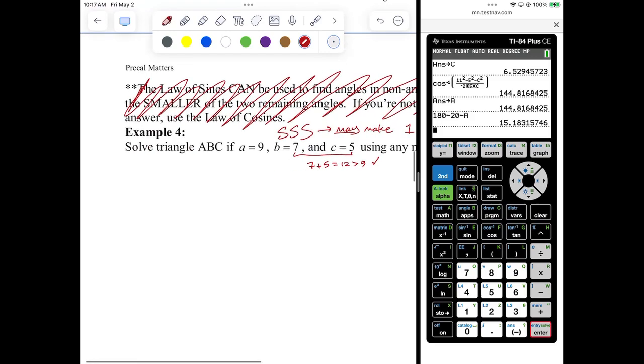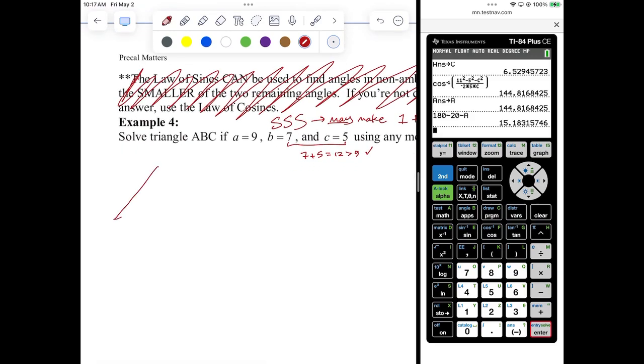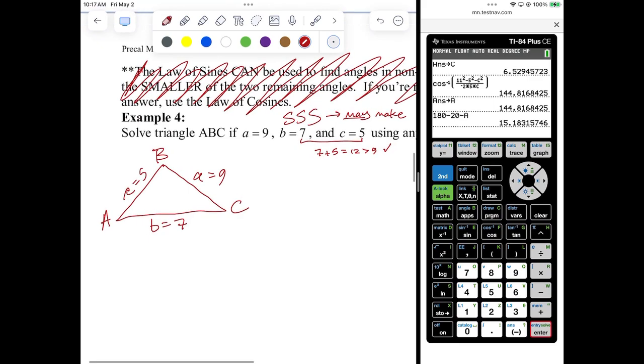All right, now that I know it makes a triangle, let's go ahead and just draw a generic triangle. Here's A, here's B, here's C, here's little a, which is 9, here's little b, which is 7, here's little c, which is 5. So again, it doesn't matter where you draw the A, B, and C. The only time it's important that you draw it the same way is when it's the ambiguous case. Make sure your angle's in the bottom left. Okay, so I got side, side, side. This is another call for the law of cosines. Now, here we go.